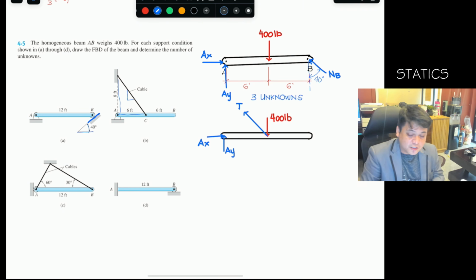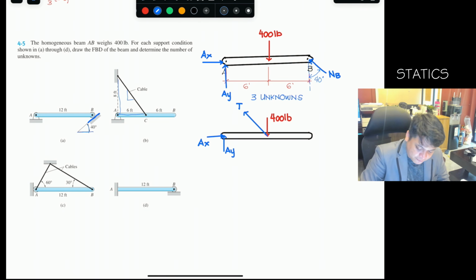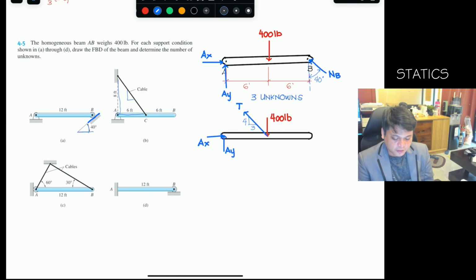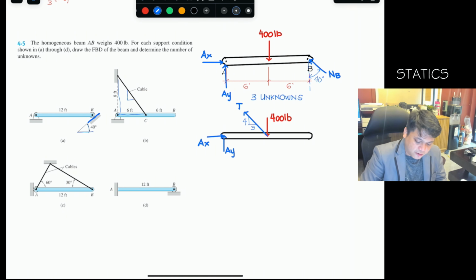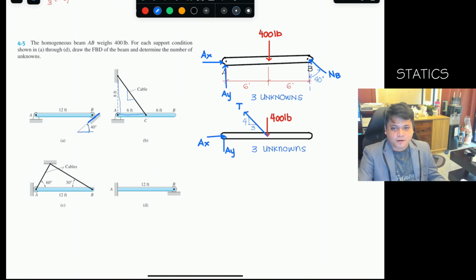So, both divisible by 2. So, we can have here, lagyan natin ng 3 and then 4. So, that is the slope. So, this is now the free body diagram for letter C. So, you can have it as 3 unknowns also. Okay, so that is for the problem 4.5b.